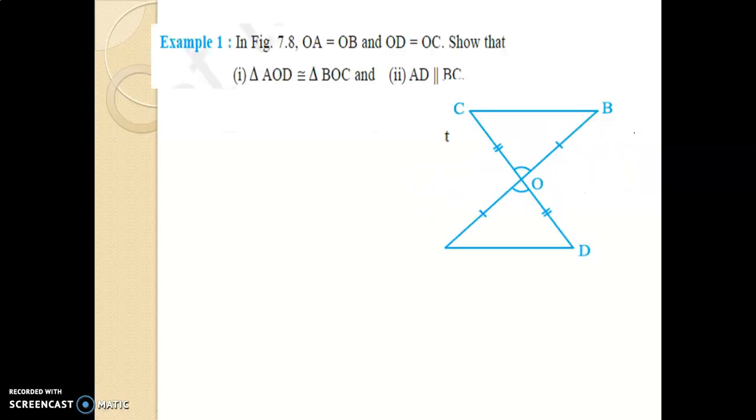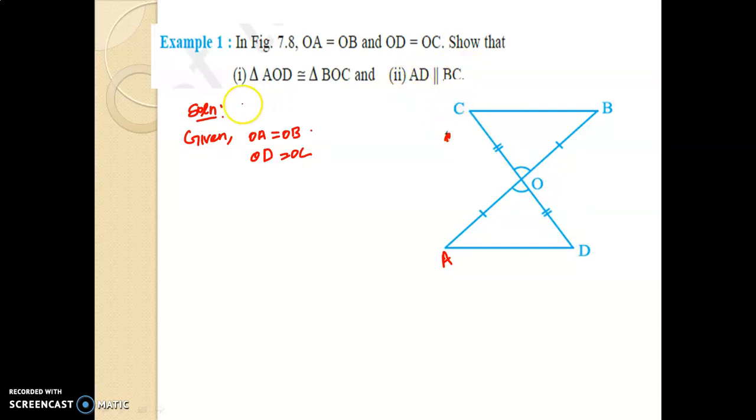Look at the example now. In the figure, OA equal to OB. Now in the diagram, what is given? OA equal to OB, that is the single mark. Then OD equal to OC, the double mark, that is this side and this side are the same.